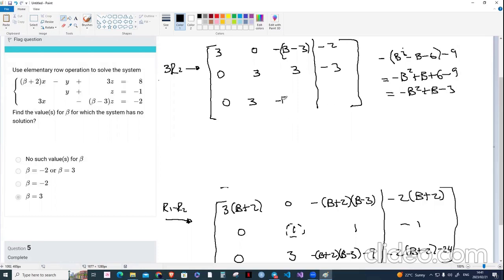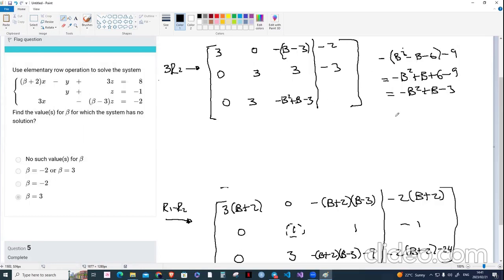So minus B squared plus B minus 3. I'll just check everything's correct. Yeah, minus B. Yeah, that's correct.